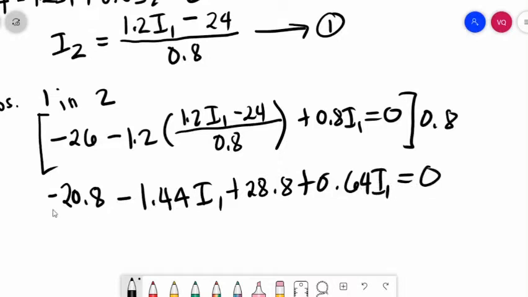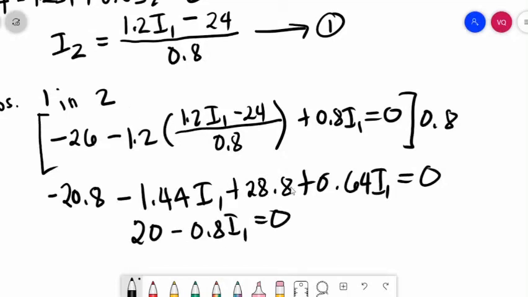So, negative 20.8 plus 28.8, that is equal to 8. Negative 1.44 plus 0.64 is equal to negative 0.8. So, negative 0.8 I1 is equal to 8.